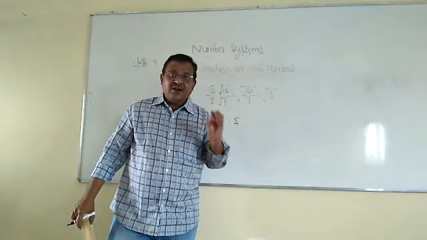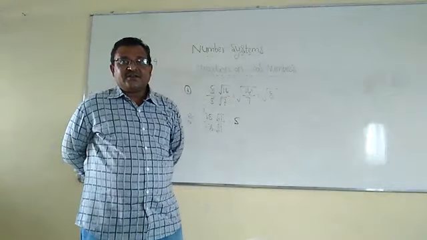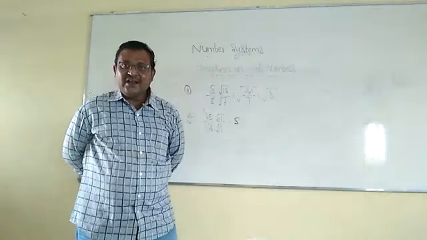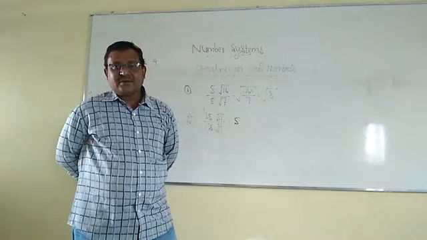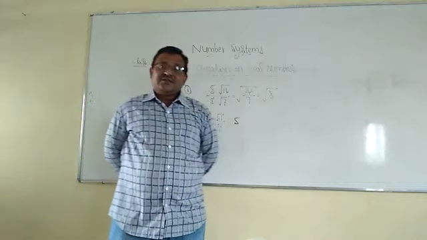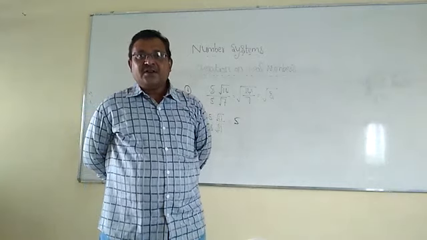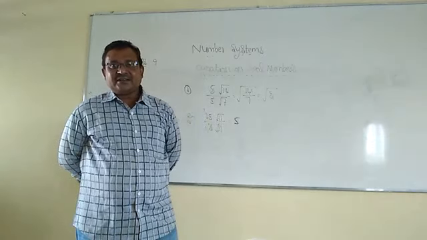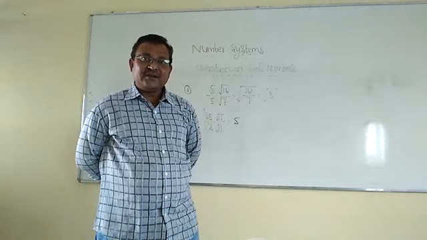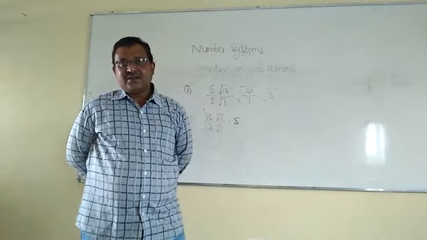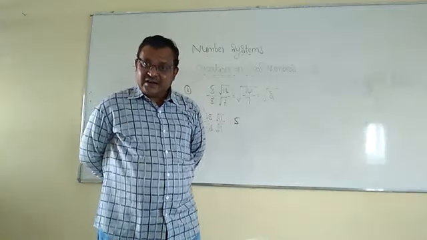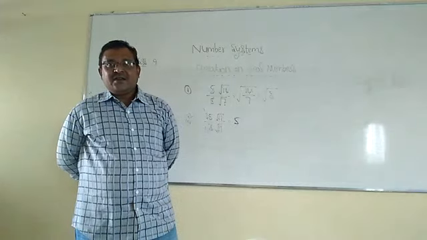So in division of two irrational numbers, the result will be rational or irrational. So by these four examples, what we can say: addition and subtraction, multiplication and division of irrational numbers may be rational numbers or may not be rational numbers. That means sometimes it may be rational numbers and sometimes it may be irrational numbers.